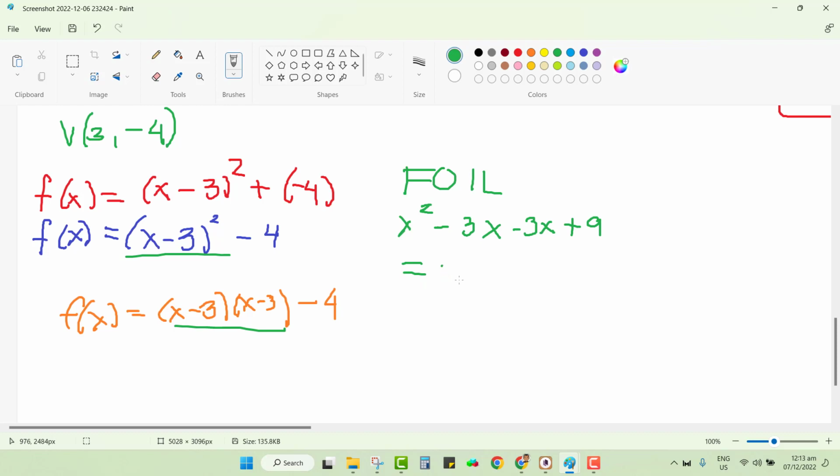Your quadratic expression after the two binomials are multiplied is x squared minus 6x plus 9.